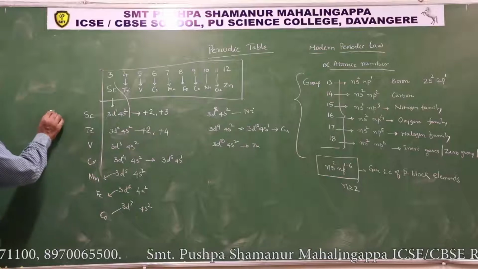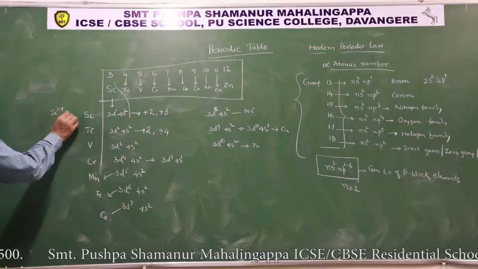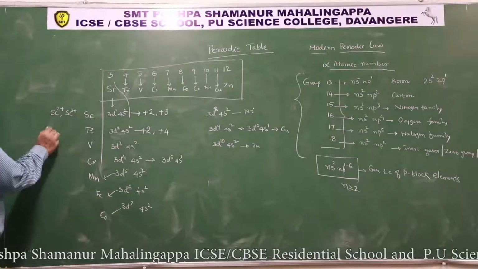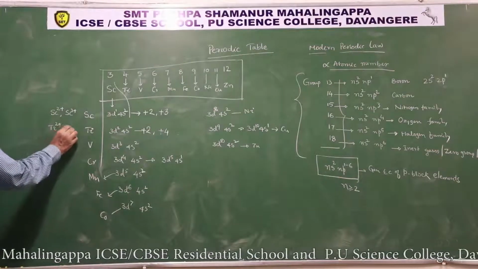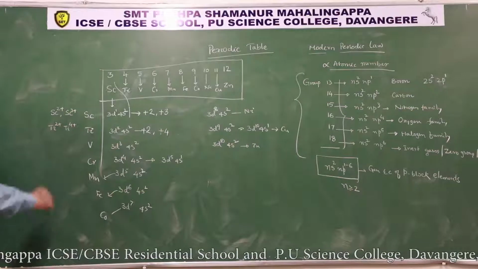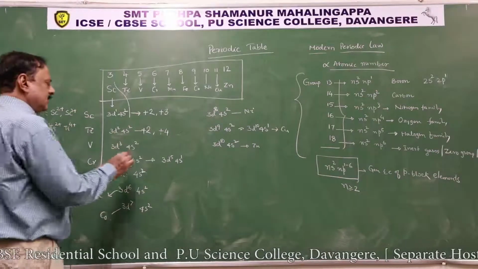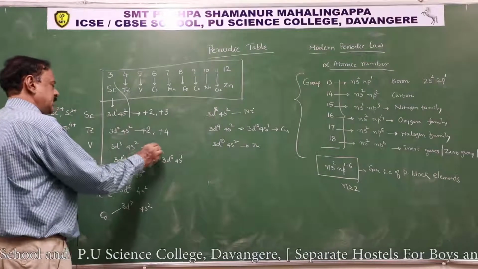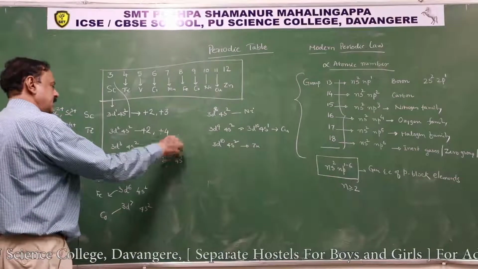Therefore, scandium 2+ or scandium 3+. Now this is titanium 2+ and titanium 4+. Similarly, for vanadium, the minimum oxidation state is +2 and the maximum is +5.